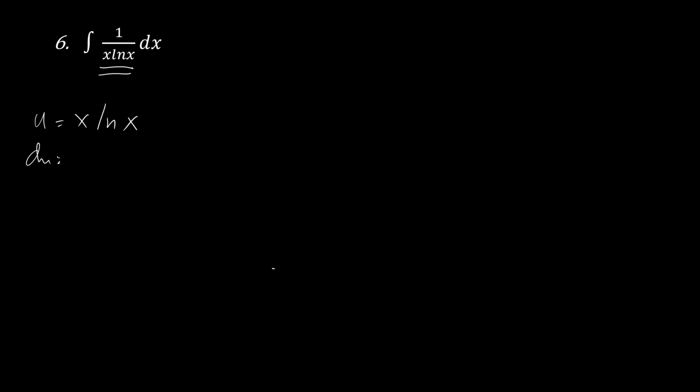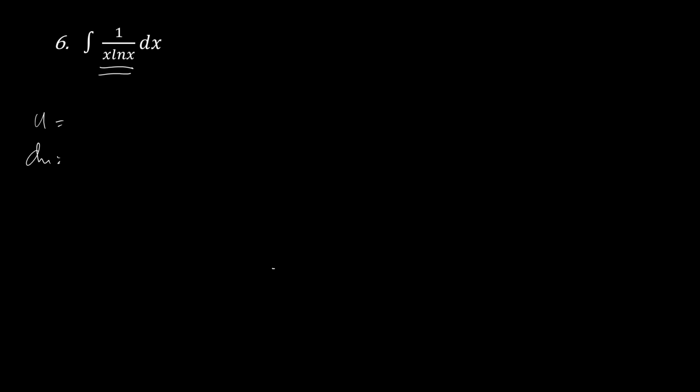Derivative of x is 1 ln x plus x, derivative of ln x is 1 over x, becomes 1 quantity dx. So we need this term, ln x plus 1, as coefficient of dx for our du. And it is clear that we cannot find this in our integrand.